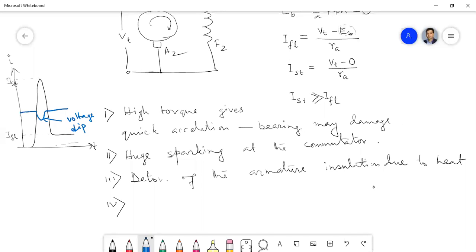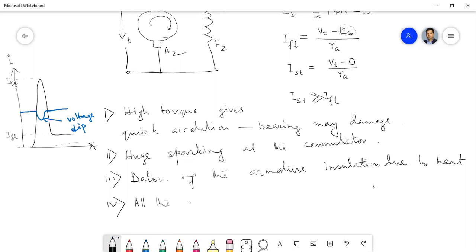Okay, so you can consider that as an under voltage impulse in the line. Now this voltage dip in the line means all the devices which are connected in the same line will be affected by this voltage dip, isn't it?